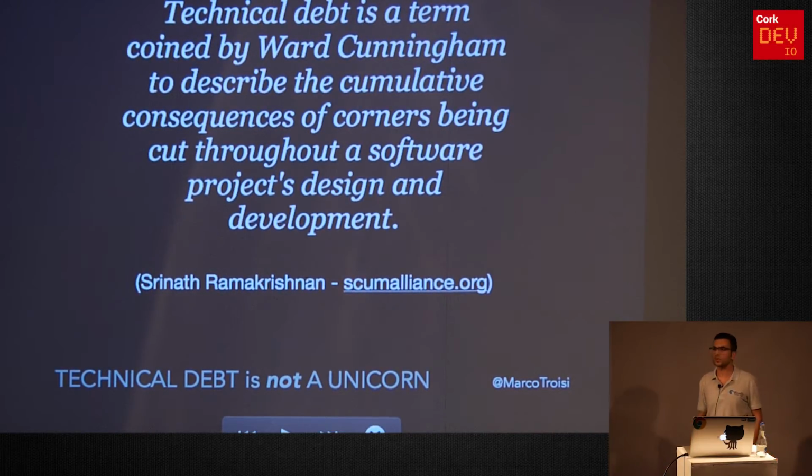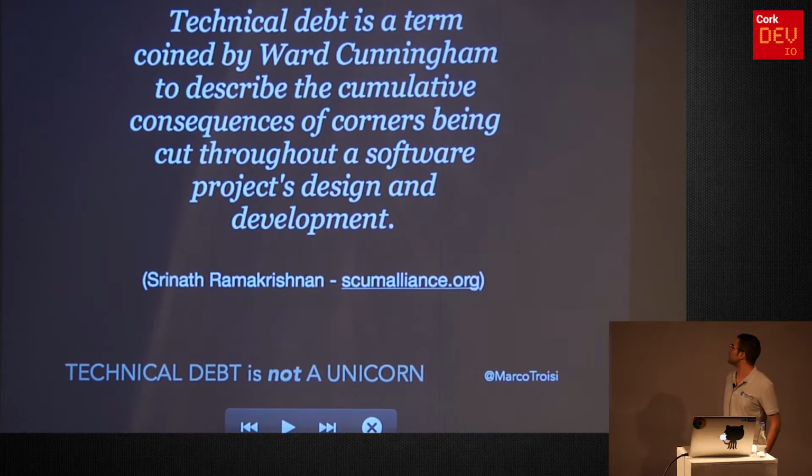The first quote is from the Scrum Alliance website, and says, "Technical debt is a term coined by Warren Cunningham to describe the cumulative consequences of corners being cut throughout a software project's design and development."